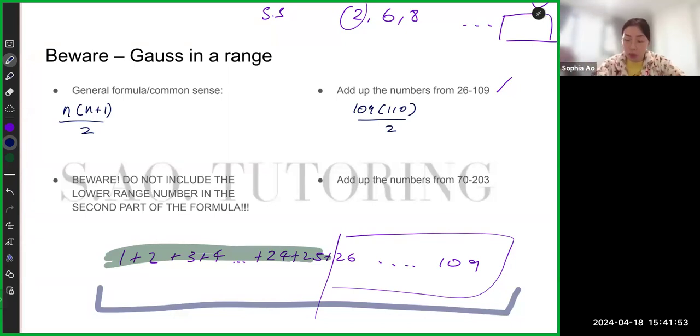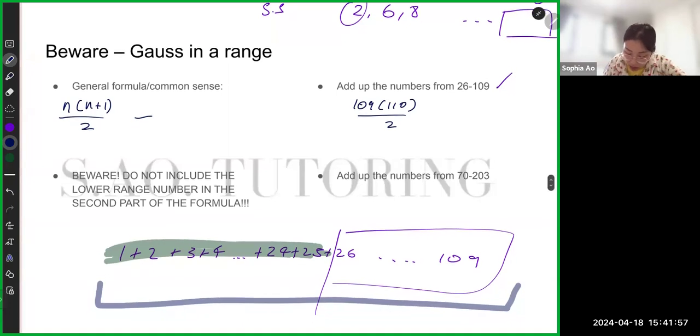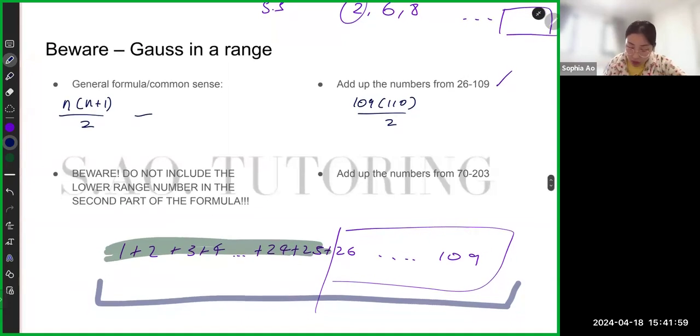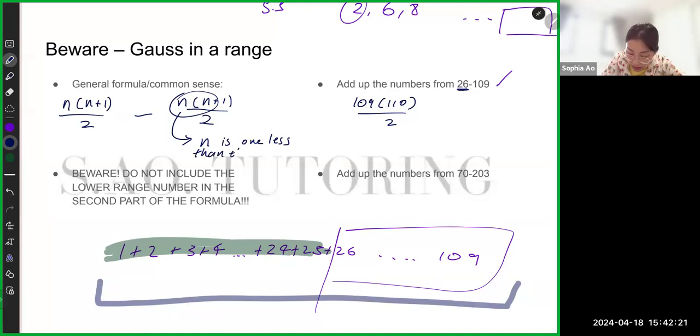Now, we're then going to subtract the sum from 1 to 25. So what you're then going to do is the n times n plus 1 on 2, but you're going to do it for the number that's right underneath the lower bound of this range, okay? So you're then going to do n times n plus 1 on 2 again, but in this case over here, I'm going to highlight that n is 1 less than the lower bound of the range.